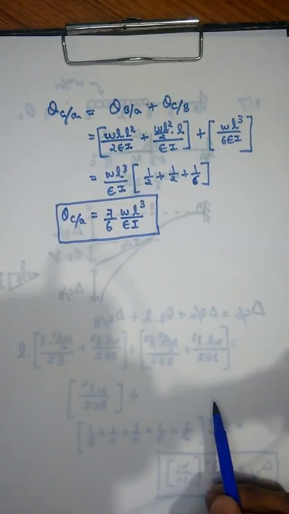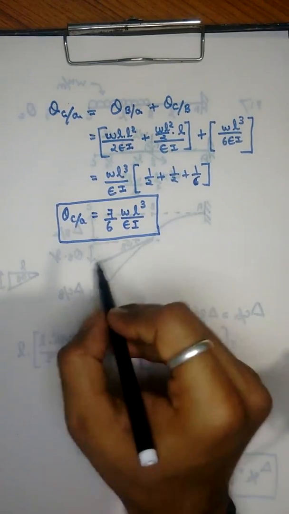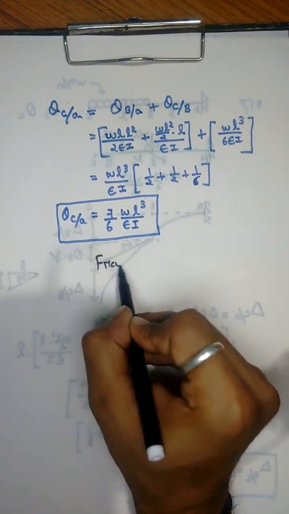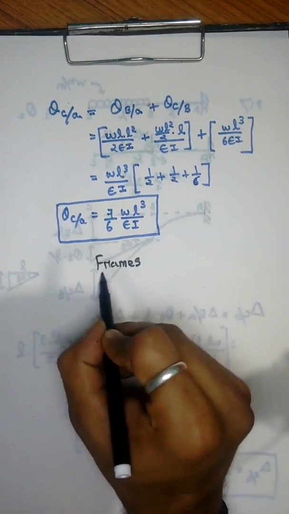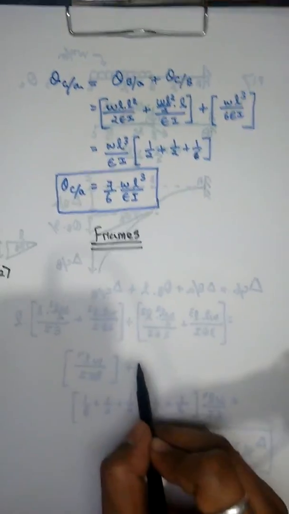So we see how simply, with the direct formula method, we calculate the value of slope and deflection at the free end. Now next we find out the slope and deflection in frames, which is our second question.